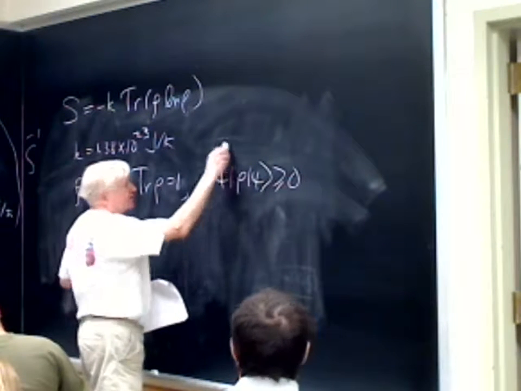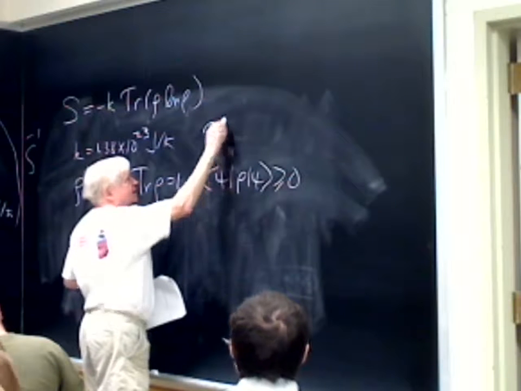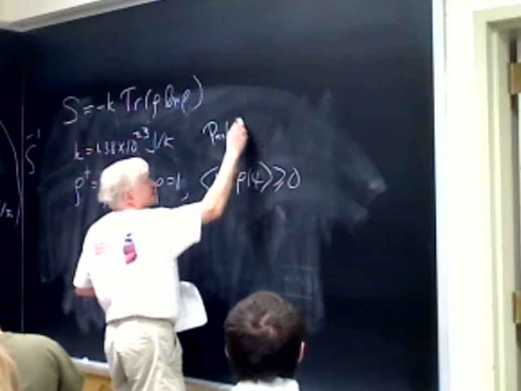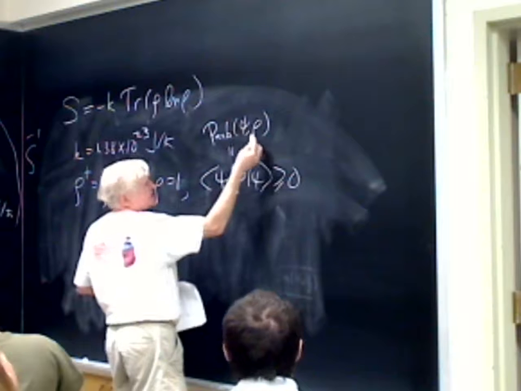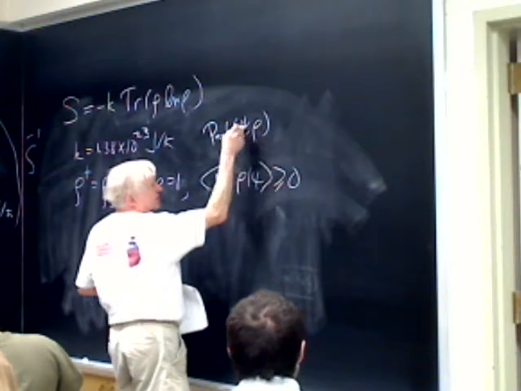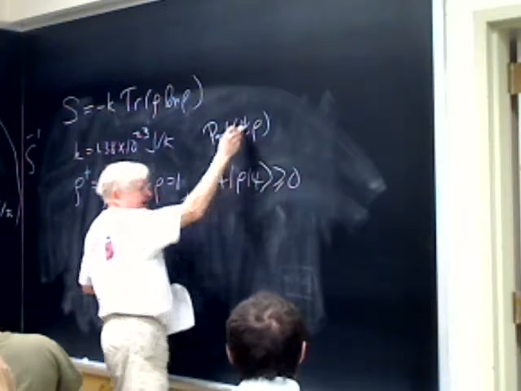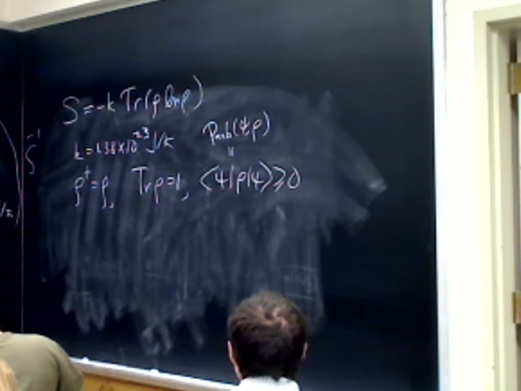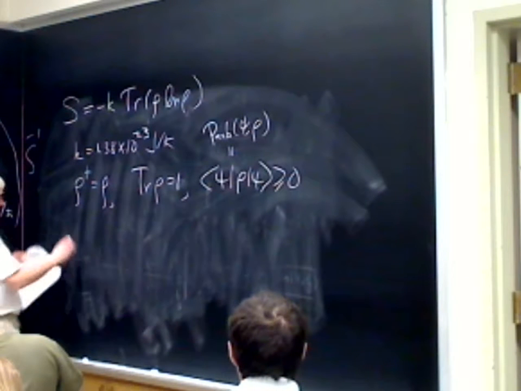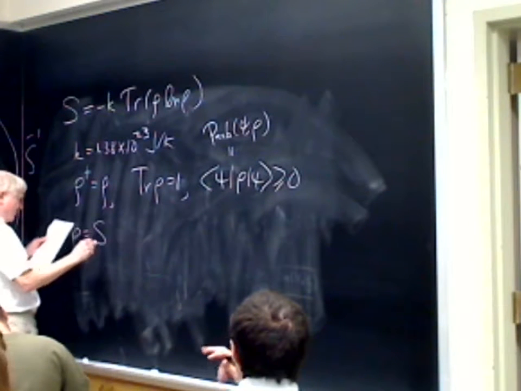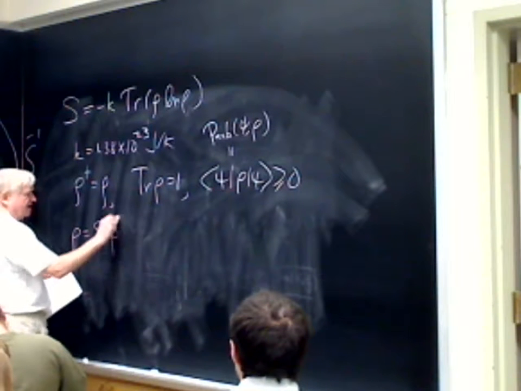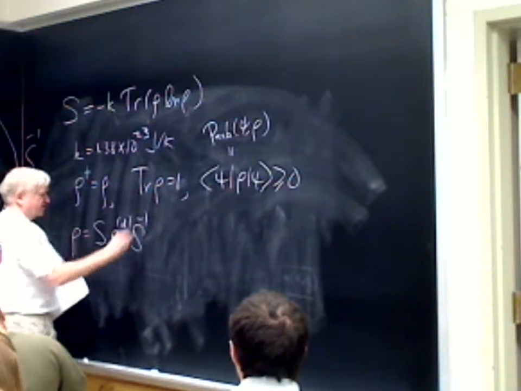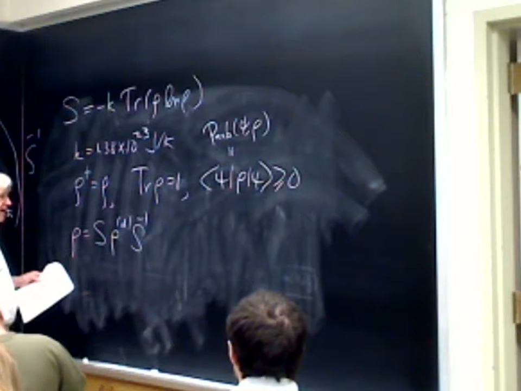This non-negative number, in fact, is the probability that the system described by the density operator rho is found to be in the state psi. Well, since rho is Hermitian, we can diagonalize it by a similarity transformation. We'll see later that it can be diagonalized by a unitary transformation.